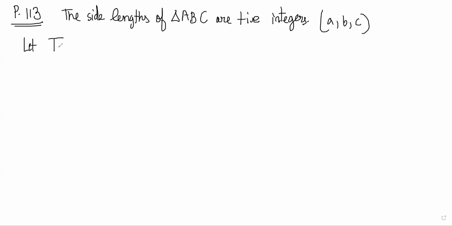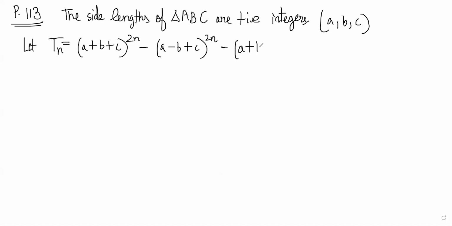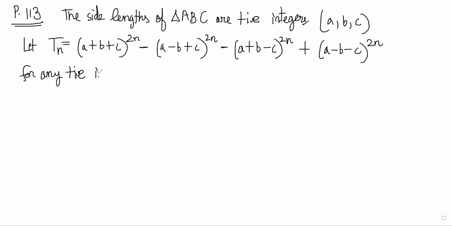Let T(n) be equal to (a+b+c)^(2n) − (−a+b+c)^(2n) − (a−b+c)^(2n) − (a+b−c)^(2n), for any positive integer n.